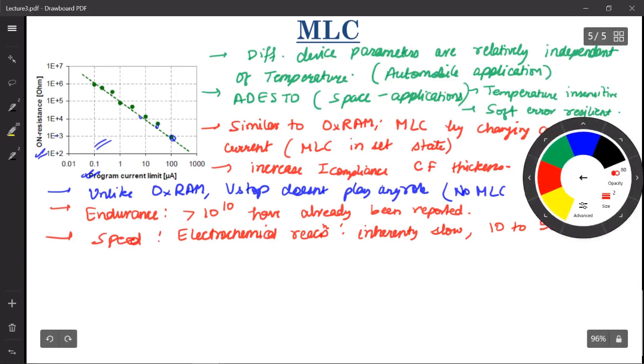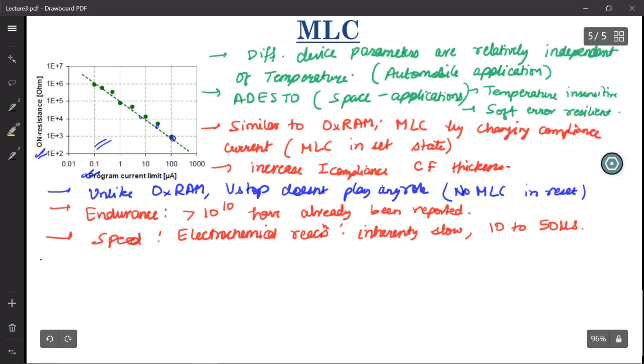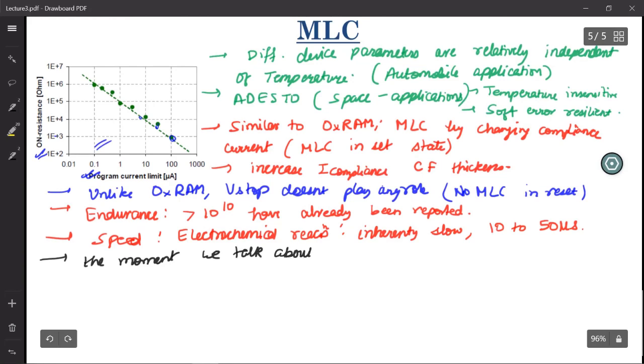Also, the moment we talk about filamentary conduction, we have to talk about what?